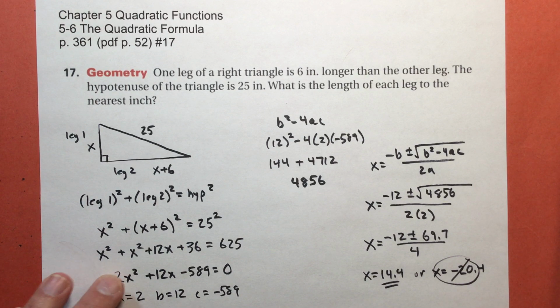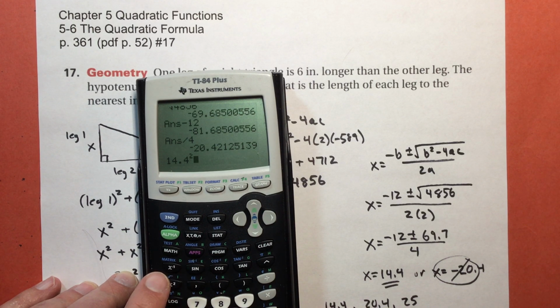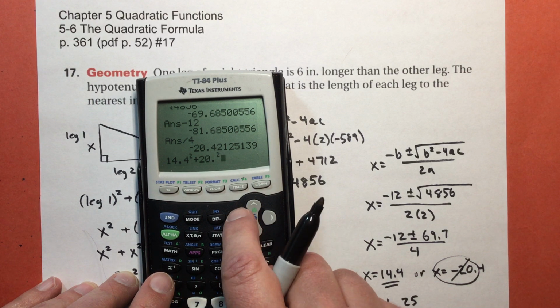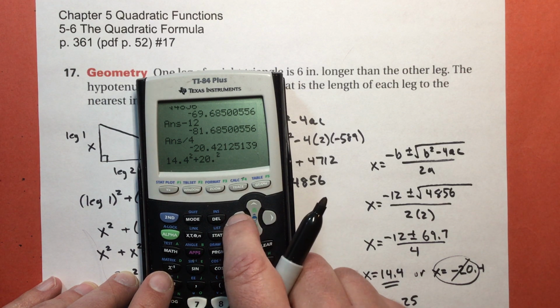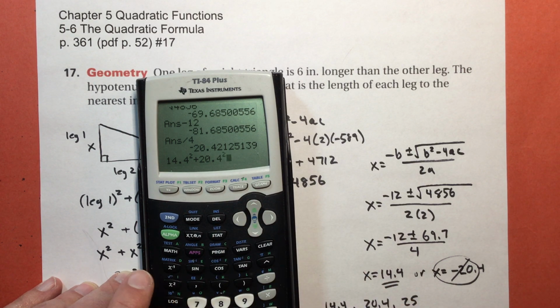That means that my legs are going to be 14.4 and 20.4, and my hypotenuse is going to be 25. It didn't ask for that because they already gave it to me. But the reason I wrote it is because I'm going to check it, and keep in mind there's a rounding error. 14.4 squared plus 20.4 squared.